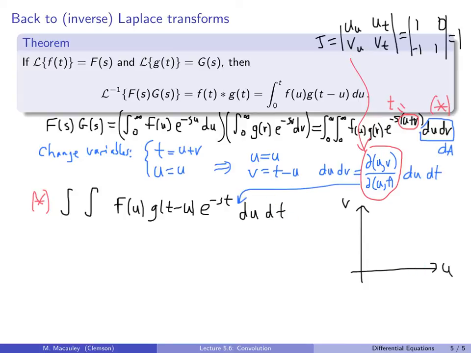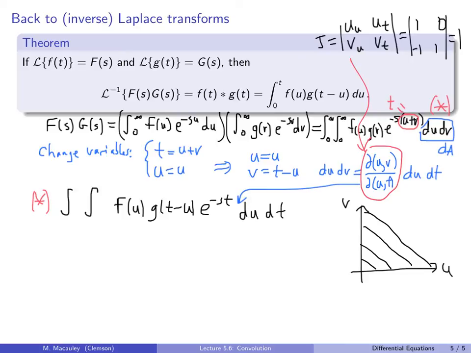So what is t? t is u plus v. So when t is constant, that corresponds to a line like this. These are the level curves of constant t.